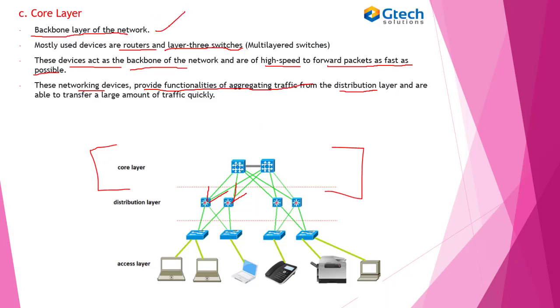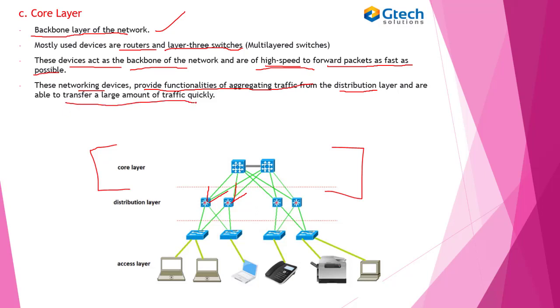They are required for the network to communicate or to function better. That's why they must be of high performance or high speed to transfer a large amount of traffic very quickly.